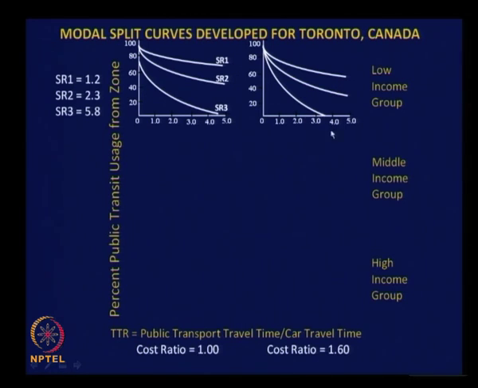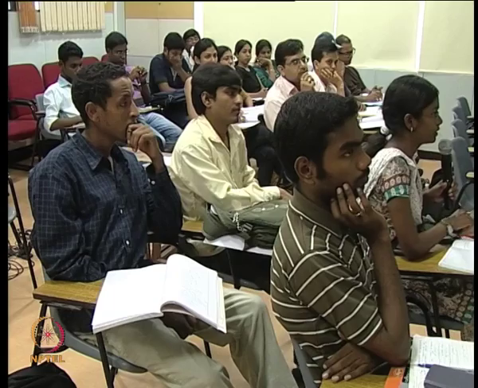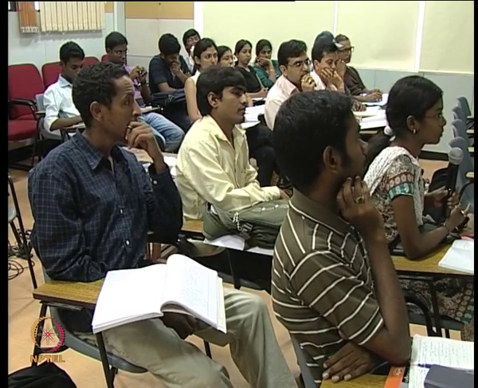So obviously this is steeper than the other set of curves, right. What is the implication? What does it mean? Yes, please. When the public transport fare is higher, the people who tend to use that transport might be less. So it can drop down immediately before even reaching 5.